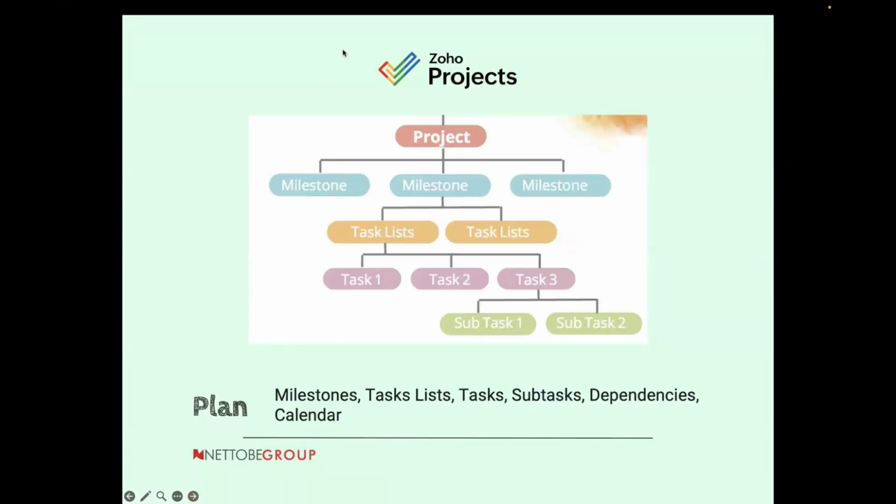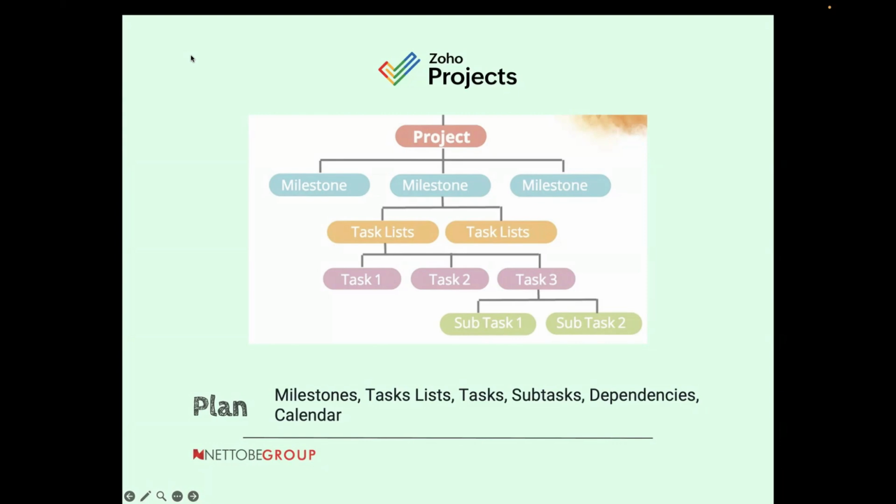In talking about projects, if you remember, we first talked about the fact that it's meant for predictable projects. I said that if you are going to do it that way, you want to break it down. You want to have milestones, task lists, then break the task lists down into tasks, and if necessary, subtasks.